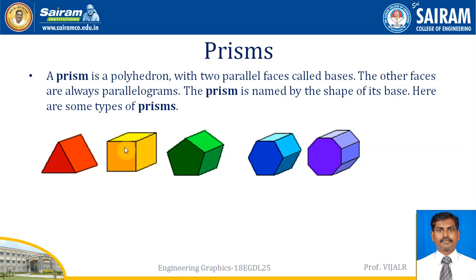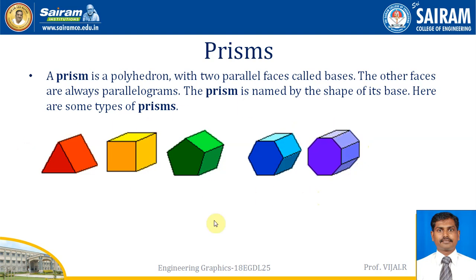You can see here a square face, and on the back side one more square face. The other faces are all parallelograms, so the rectangular or square faces are all connected. These two pentagon faces are connected with rectangular faces. Here two hexagonal faces, front and back, and octagonal faces are also connected with rectangular faces.